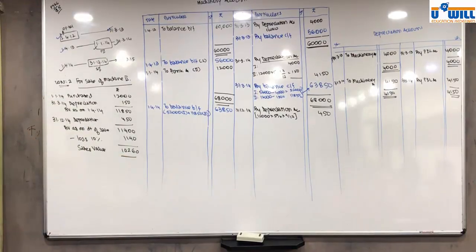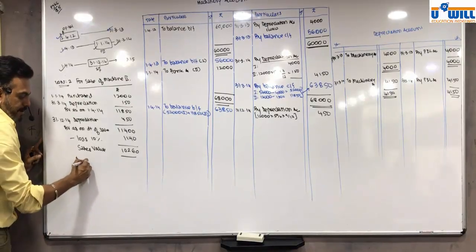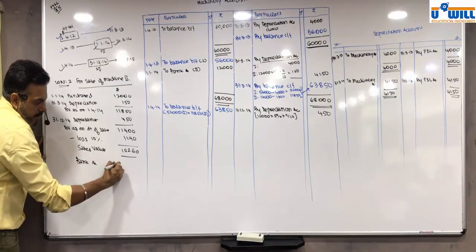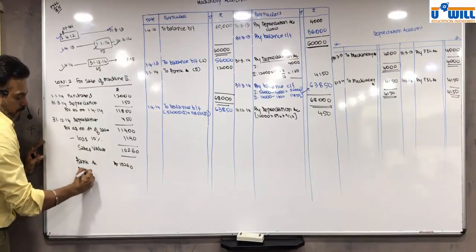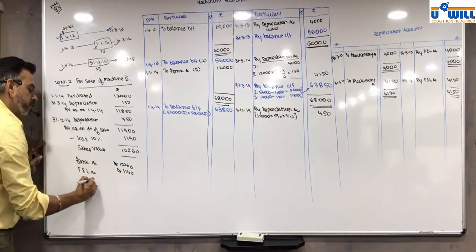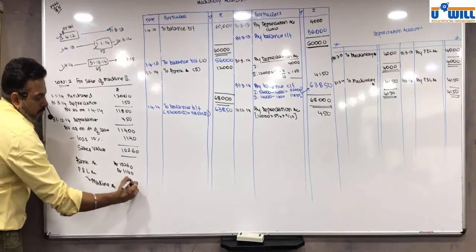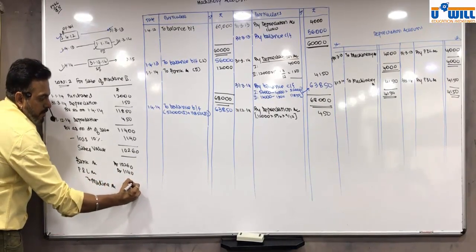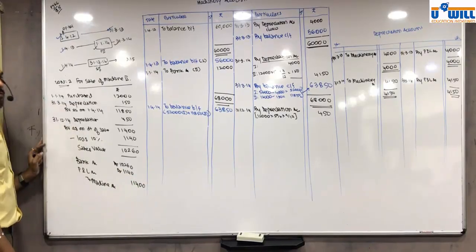We can make the journal entry out of this. Sales value, money comes in, bank account debit. So we write bank account debit 10260. It is a loss, so profit and loss account debit 1140. To machine account 1. Total of this 11400.